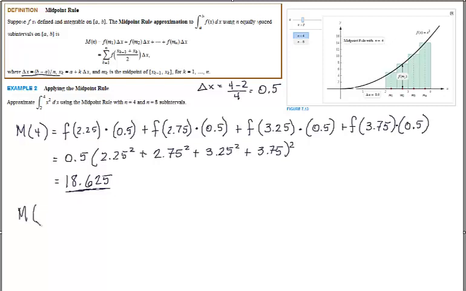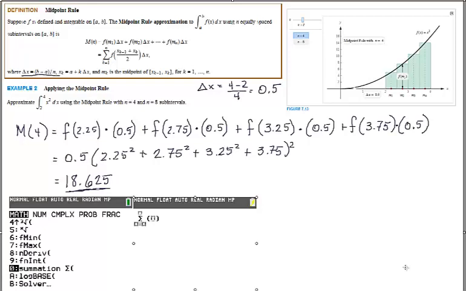Next, I'll break this into 8 subintervals, so delta x will be 4 minus 2 divided by 8, which is 1/4. I'll need to find the midpoint between 2 and 2 1/4, and then add up all of those values. I'll do the same exact thing, but this time with double the number of subintervals.